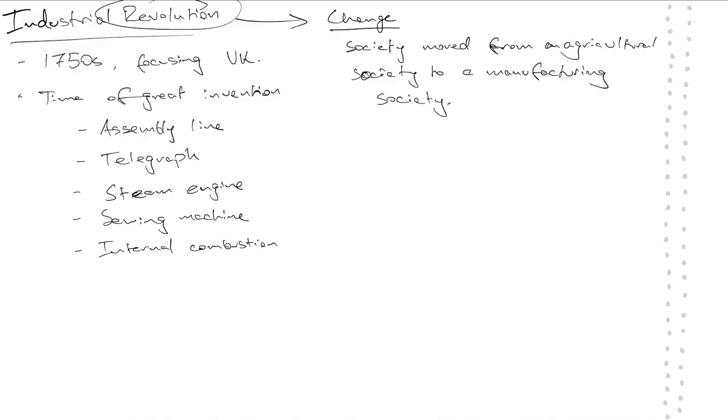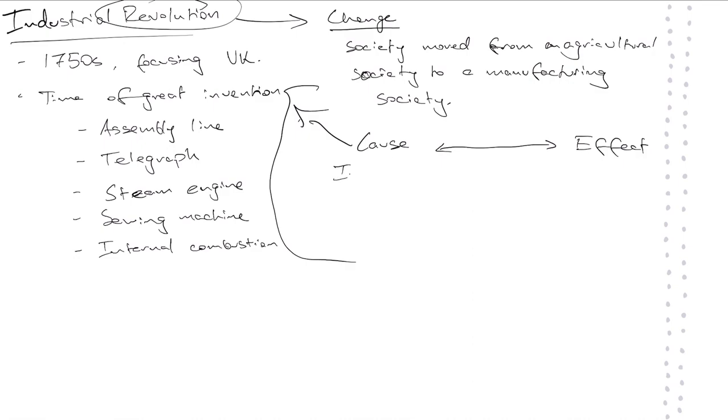So if we're thinking about revolution in terms of our cause and effect language, let's think about the cause, what would make this happen, and then what actually occurred as a result. Well, the cause is the fact that we had all these inventions, right? So the cause was the innovation and the inventive new technologies that were created. The effects we need to unpack a little bit more.